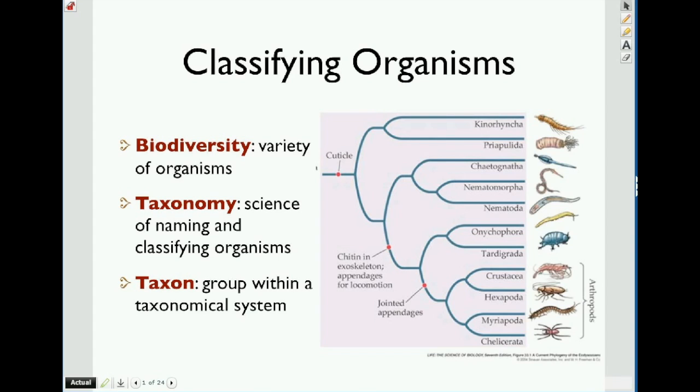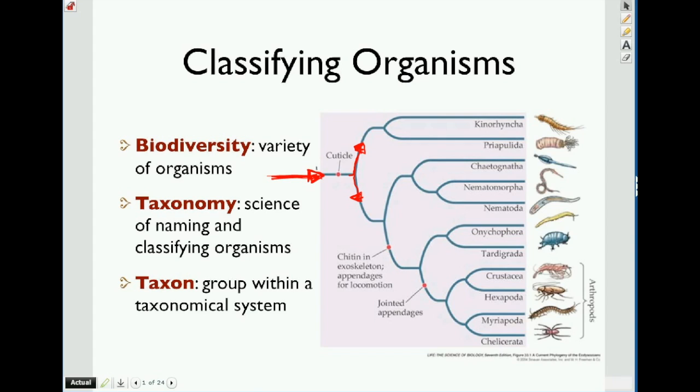So this is an example of a cladogram, and you can see here what happens is basically we start here. This is like the ancestral group, and then they develop something called a cuticle, which is basically like a hard outer skeleton. And then after they develop the cuticle, the group splits. So everyone in this picture has a cuticle.